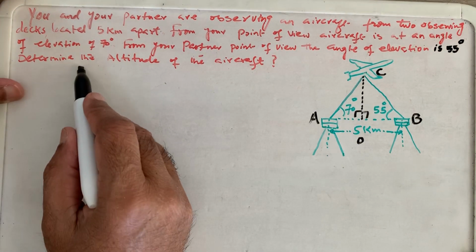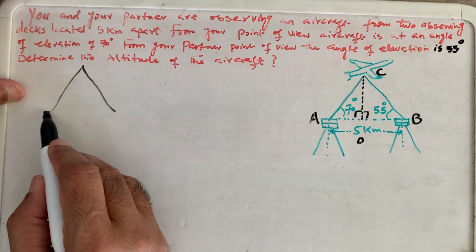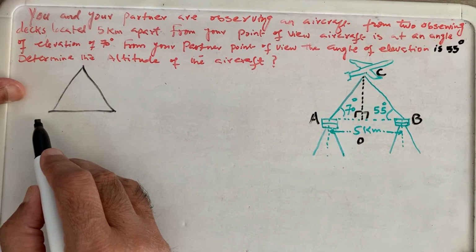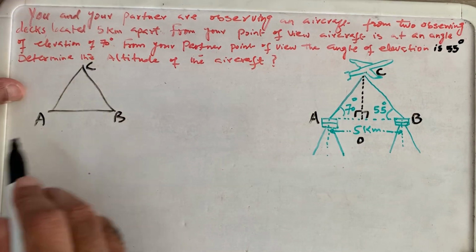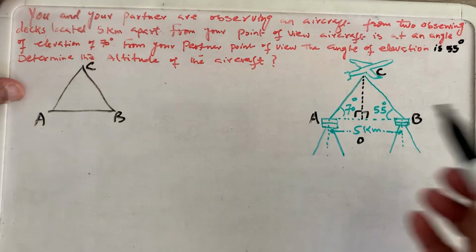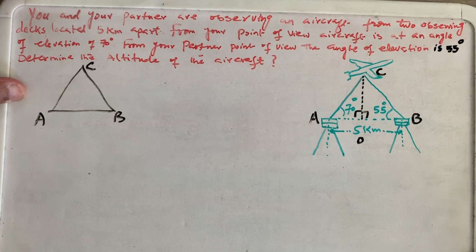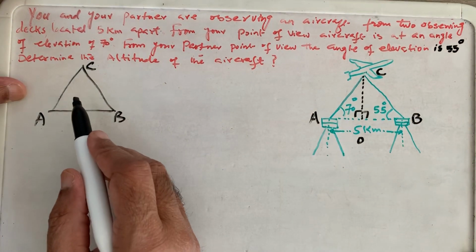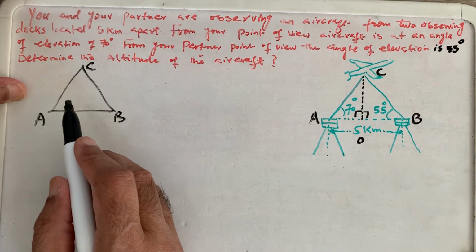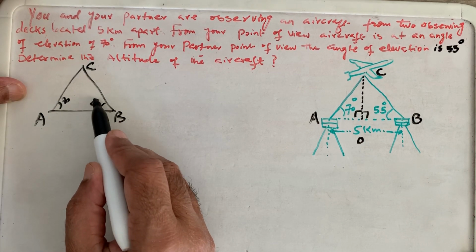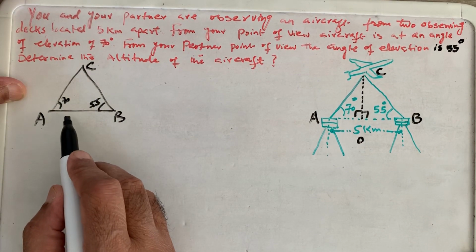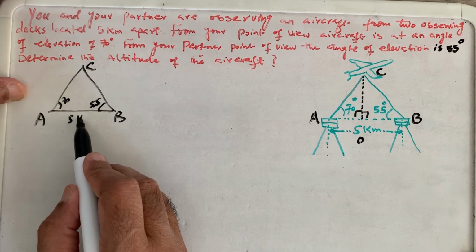ABC is not a right angle triangle. So if we work on this first, then maybe we can use the right angle triangle. That means in ABC, this angle is 70, this angle is 55, and this is 5 kilometers.